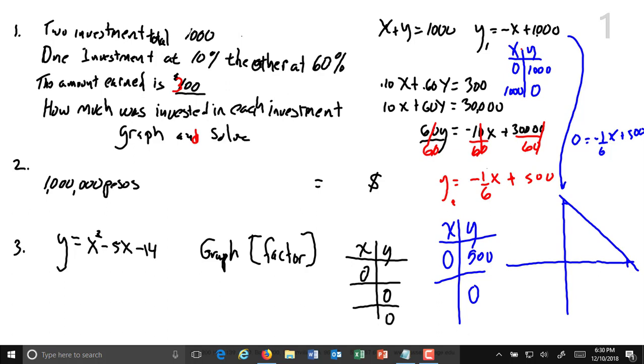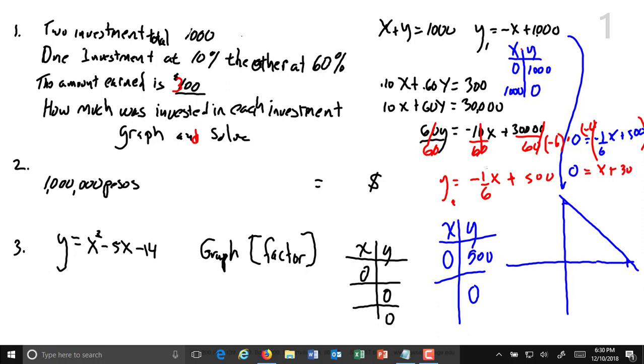If I multiply both sides by 6, 6 times 0 is just 0, right? Actually, I'm going to multiply this side by minus 6. You don't have to do minus 6, but it'll save me one step. So this is going to be positive 6 over 6, so that's just x, plus 6 times 500.